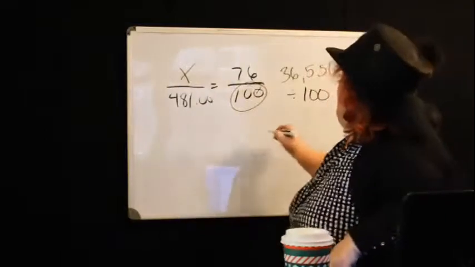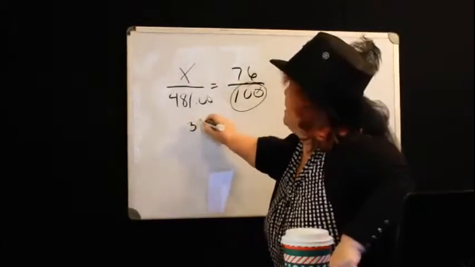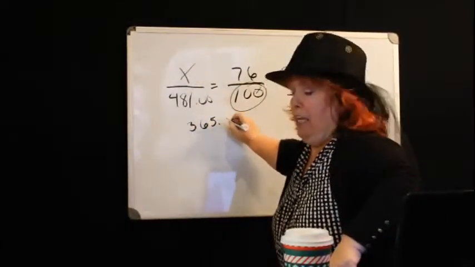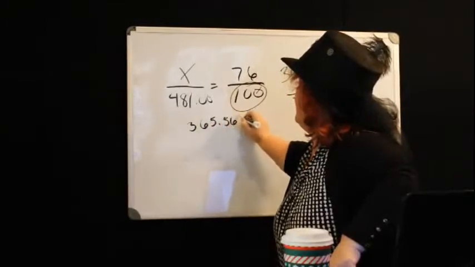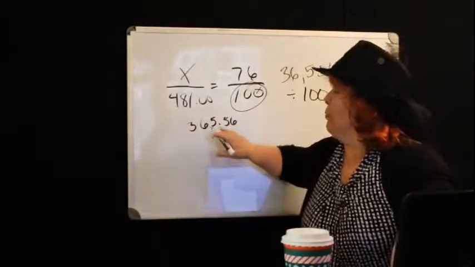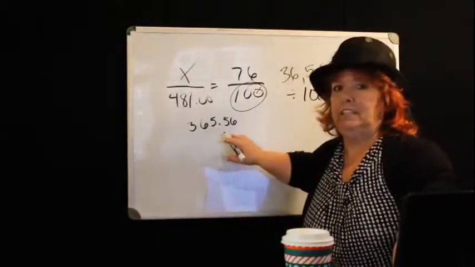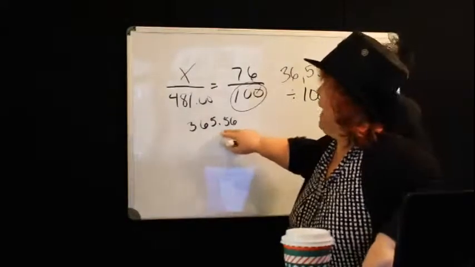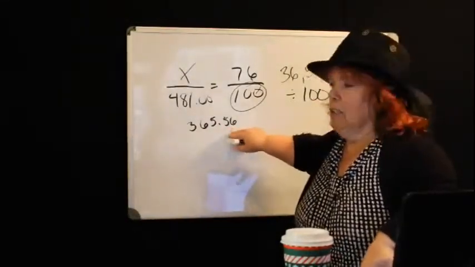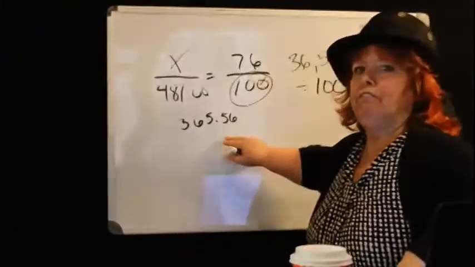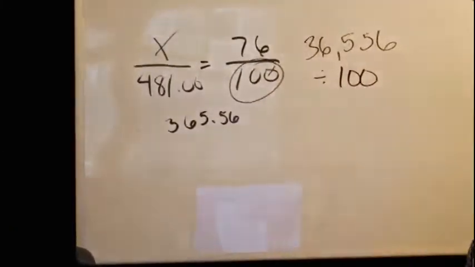And that gives me $365.56. So I'm going to use my hundredths place because this is money, and money we have the cents. So $365.56 is how much I need to pay.